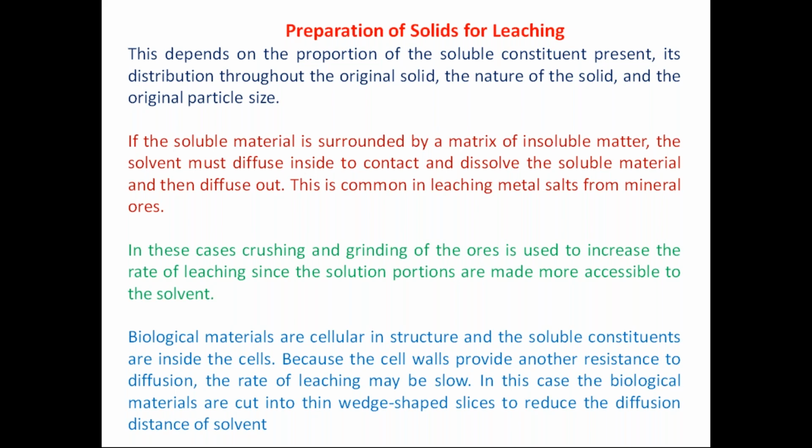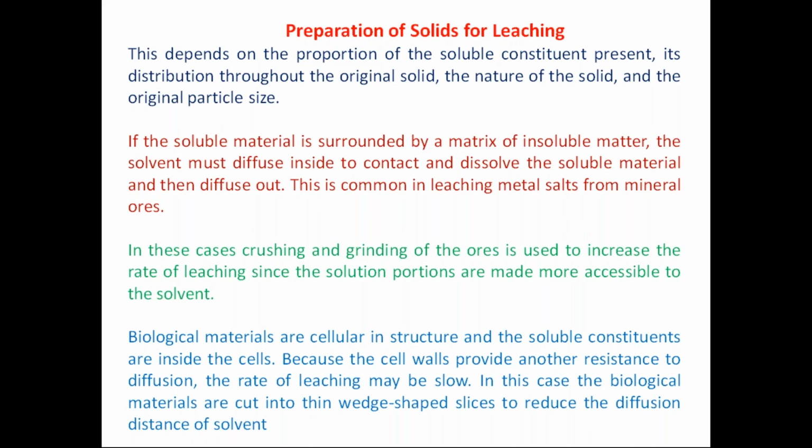That means if you remove the maximum of the inert solids in the solid phase, that would be better, and only the solute material would be accessible. But that is not possible. So what we do is prepare the solid such that the solute material is surfaced, and can be accessed by the solvent to dissolve in it.